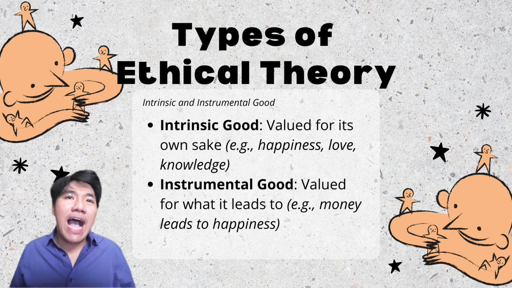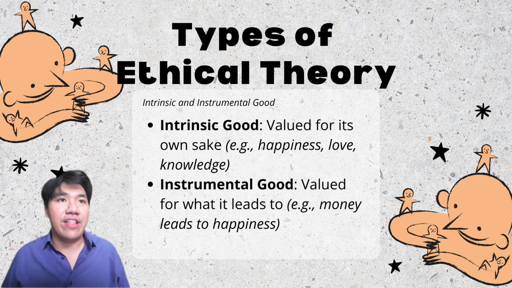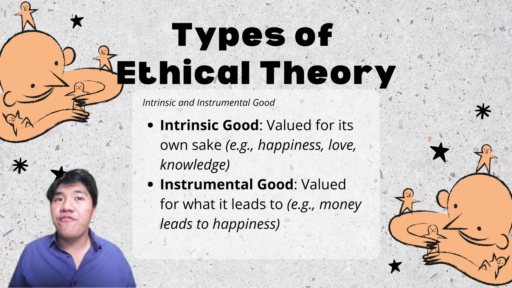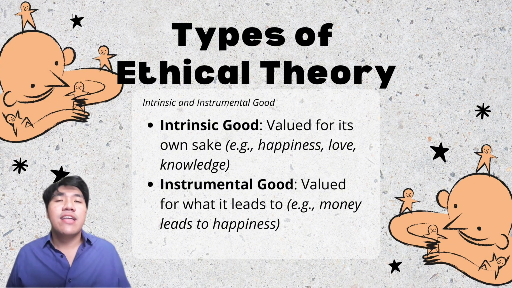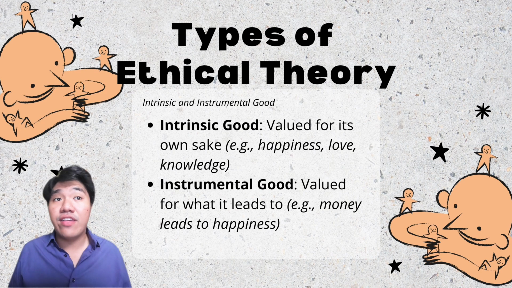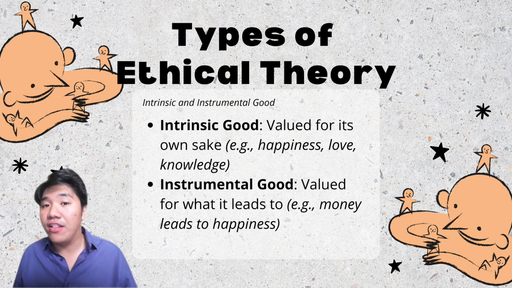So, ano nga ba ang intrinsic good and instrumental good, and what makes them different? First is intrinsic good. It refers to things that are valued for their own sake. These are ends in themselves and not merely means to achieving other goals. Examples of intrinsic goods often cited included happiness, love, and knowledge.